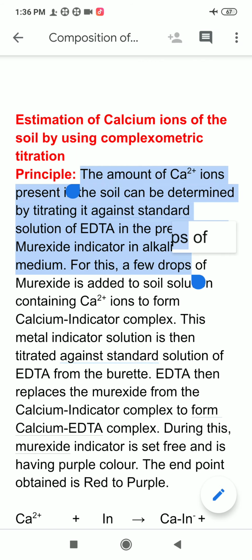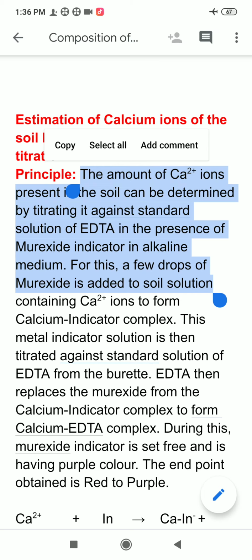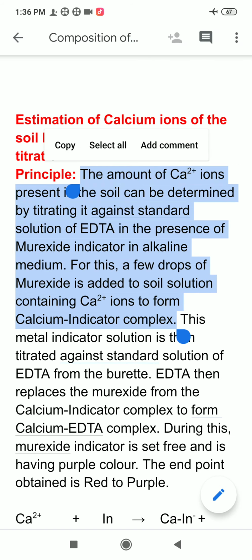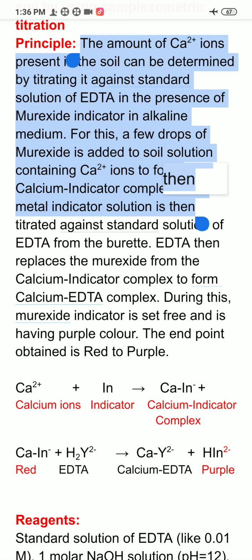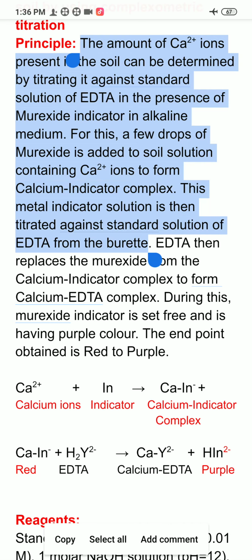For this, a few drops of murexide indicator are added to the soil solution containing calcium ions to form calcium indicator complex. This metal indicator solution is then titrated against standard solution of EDTA, which is taken in the burette. Now what happens when we add murexide to the soil solution having calcium ions?